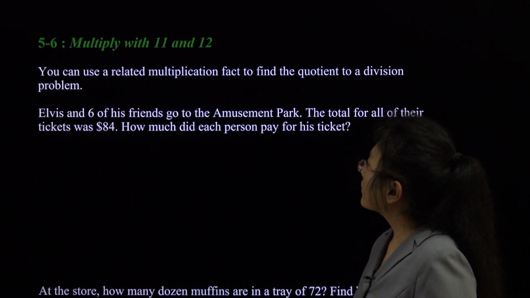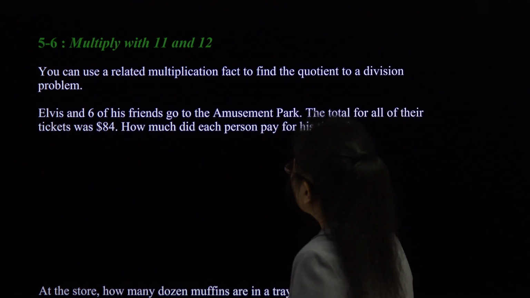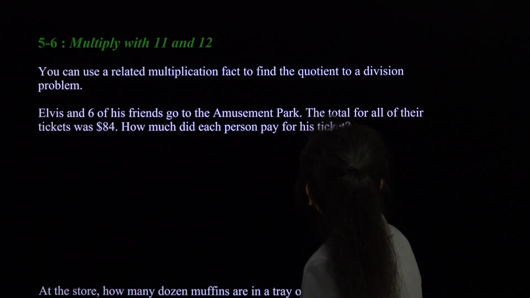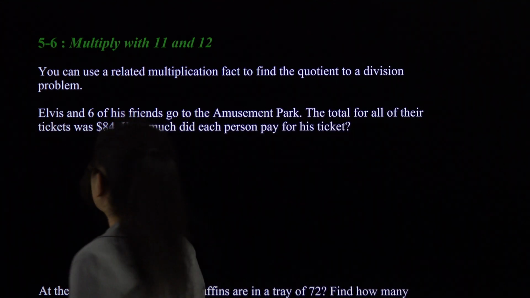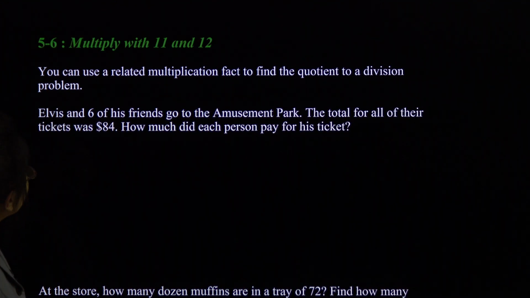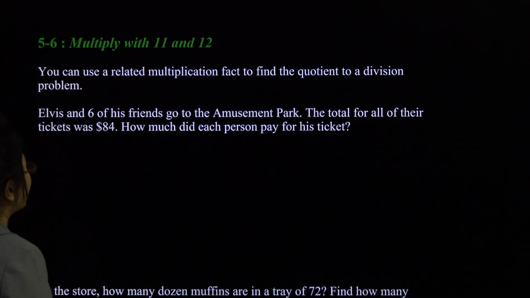So, we're going to do some multiplication with 11 and 12. You can use a related multiplication fact to find the quotient to a division problem, but you could just use multiplication. Elvis and 6 of his friends go to the amusement park. The total for all of their tickets was $84.